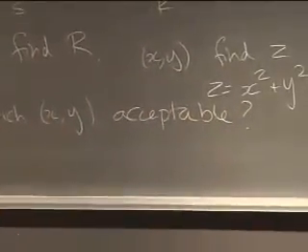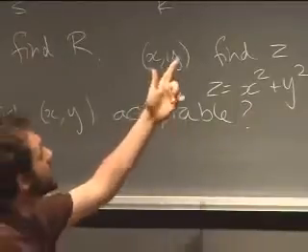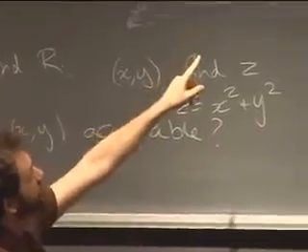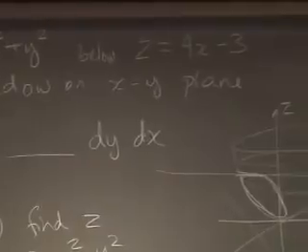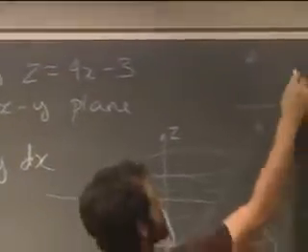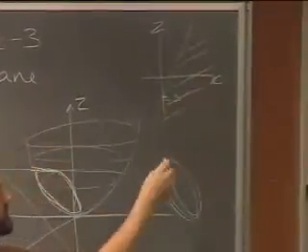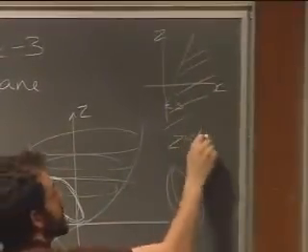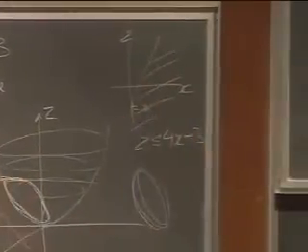And what do I mean by acceptable? I mean that I need something below z equals 4x minus 3. So if you look at what's below this on here, you need z to be less than or equal to 4x minus 3. That's the below part.